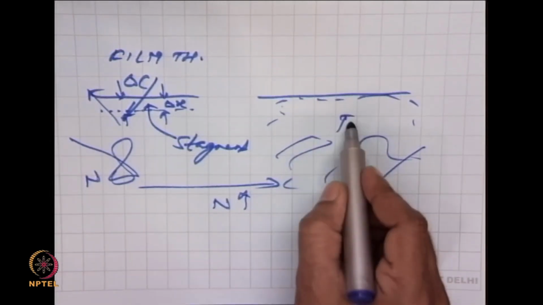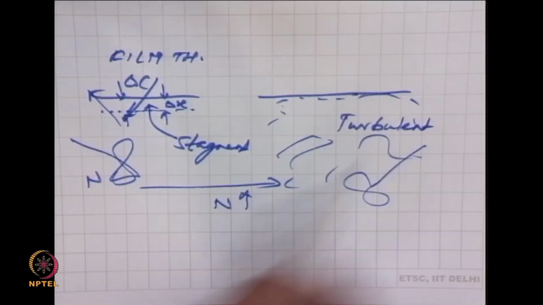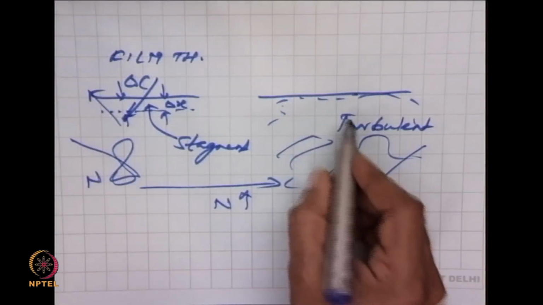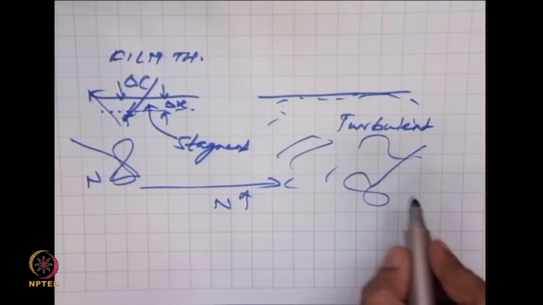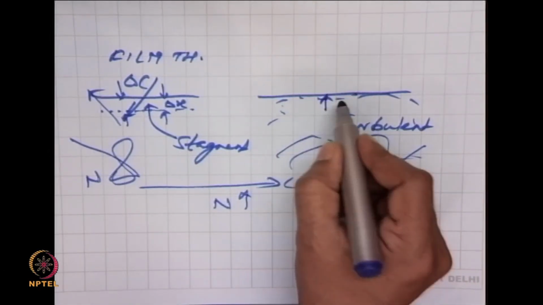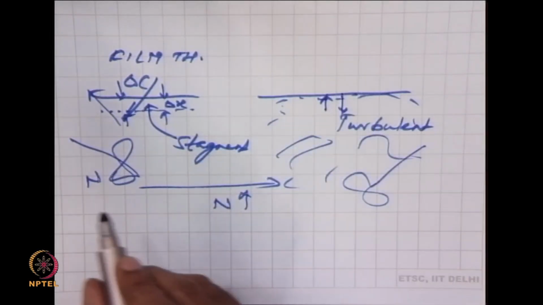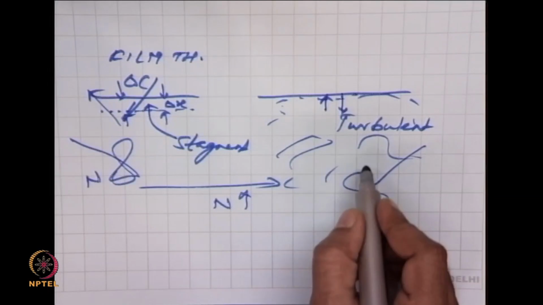So, if this is now a turbulent system right up to the surface, then you know that because of turbulent random movements, the fluid particles will be moving in all directions. So, one could visualize that the liquid actually comes from the bulk right up to the surface and then goes back. It would happen quite randomly. That is another extreme case.